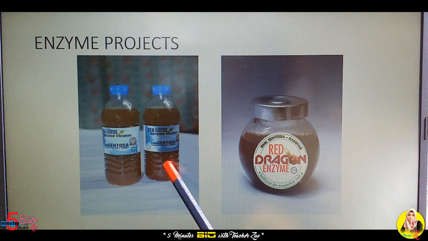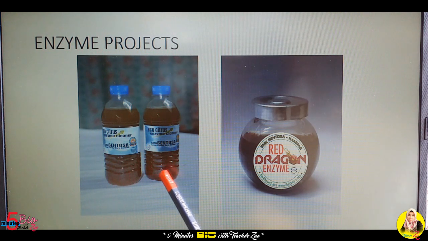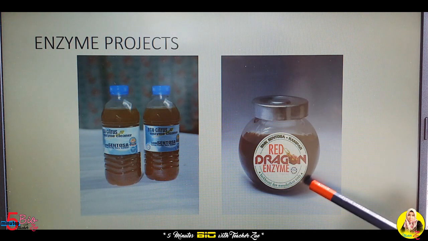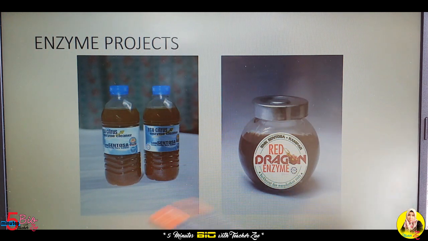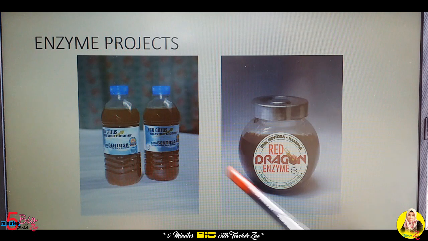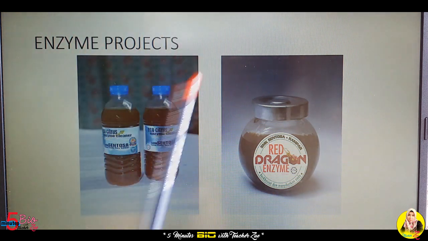This one is the cleaner we can use to clean plates, and this one we can drink for a healthy body. I got both from enzyme projects.